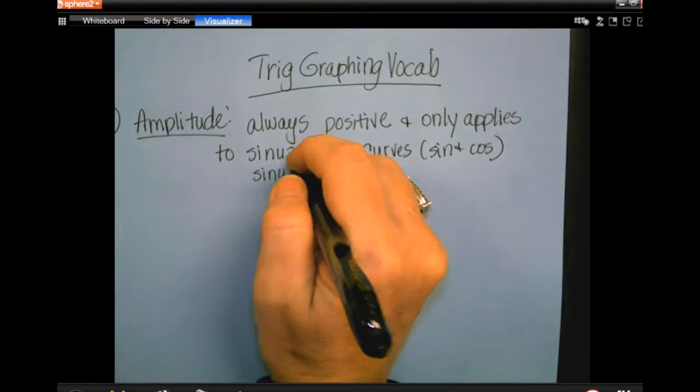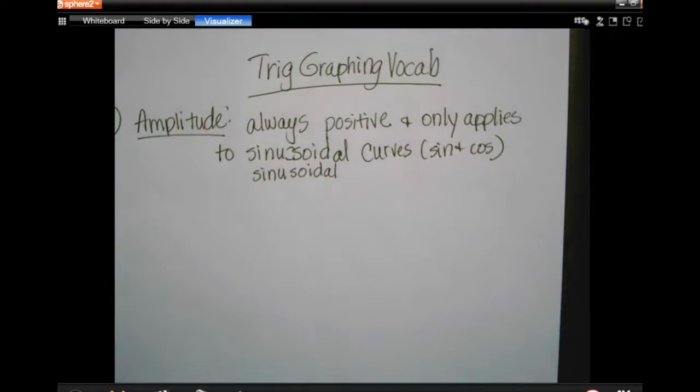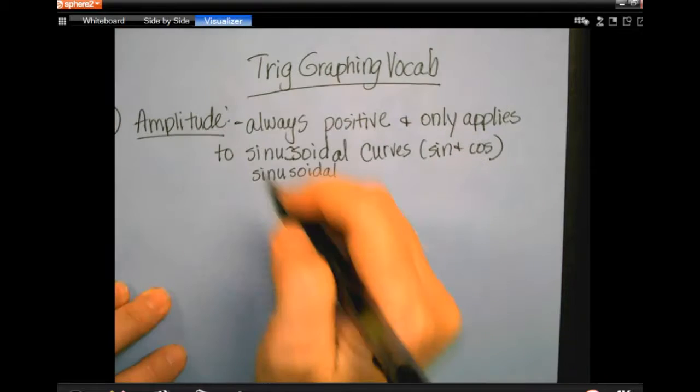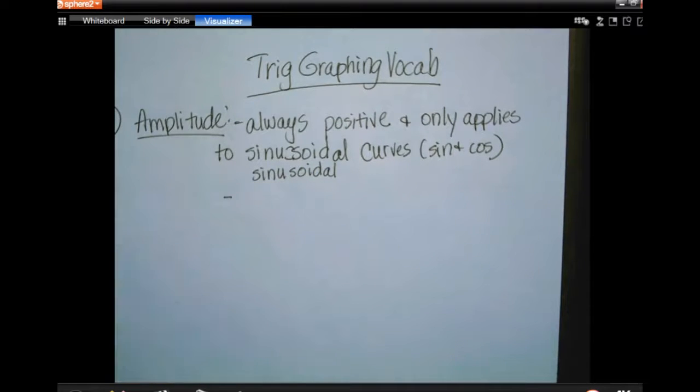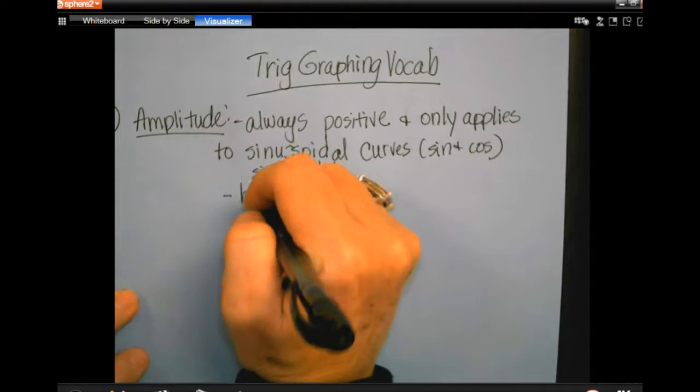It doesn't matter, guys. It's all good. So that big word that we just had this discussion about means sine and cosine curves, okay? It's half the vertical distance.